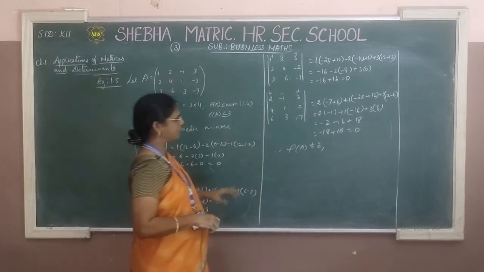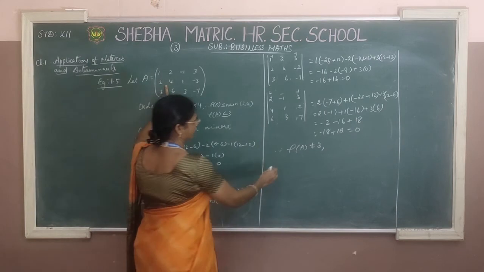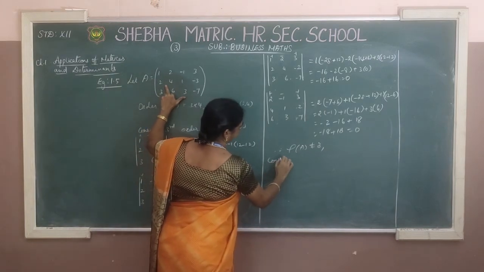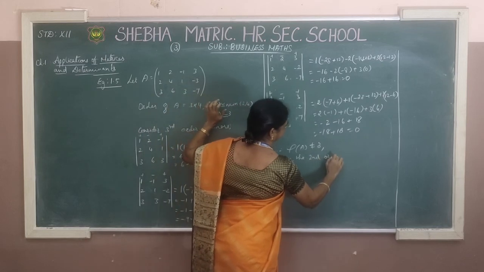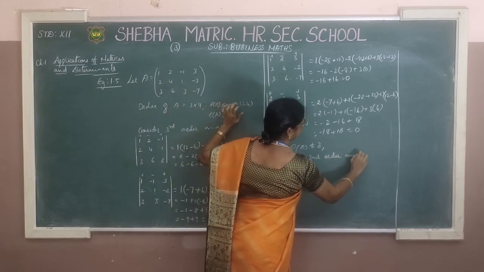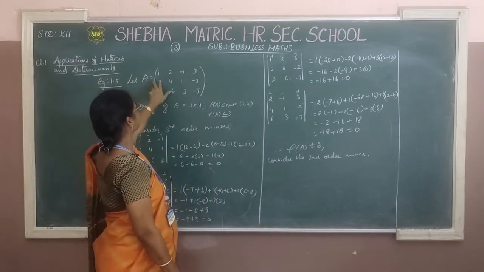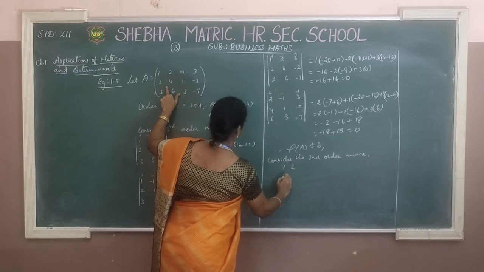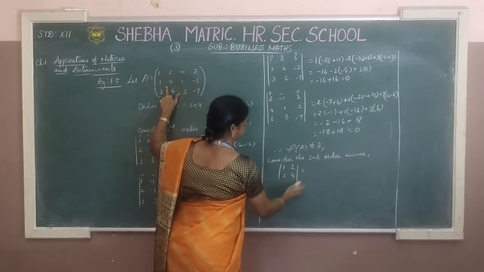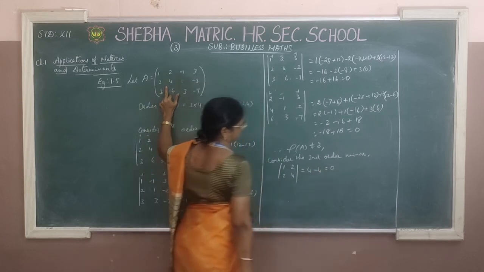Therefore, consider the second order minor. For a second order minor, we want 4 elements. Let us take the first 4 elements: 1, 2, 2, 4. What we get? 1 times 4 is 4, minus 4, which is equal to 0.